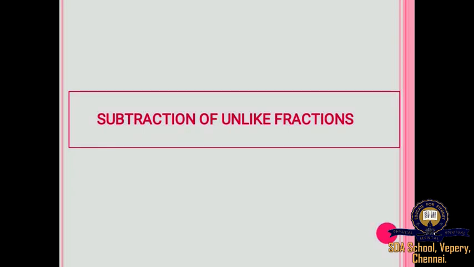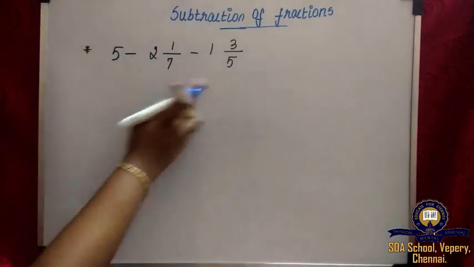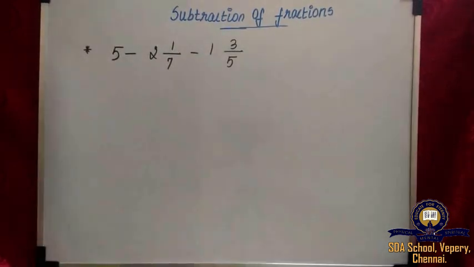Subtraction of unlike fractions. In order to subtract unlike fractions, first we need to convert the unlike fractions into like fractions and then we need to subtract them. Next problem. So when you look here, we have got mixed fraction. So first we need to convert the mixed fraction into improper fraction and then only we can subtract.